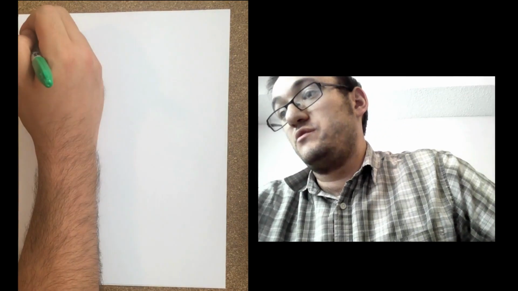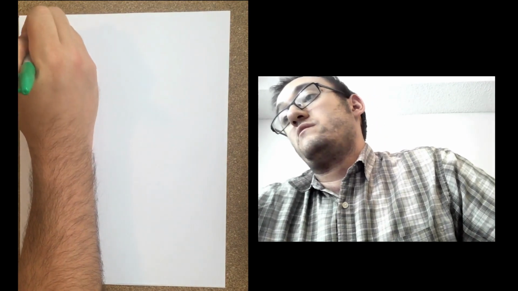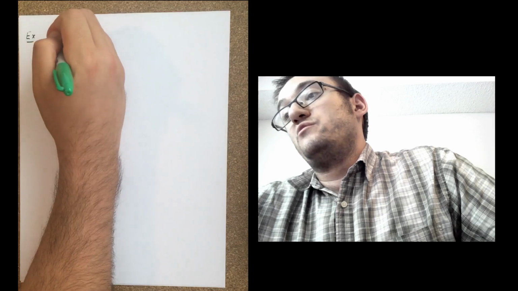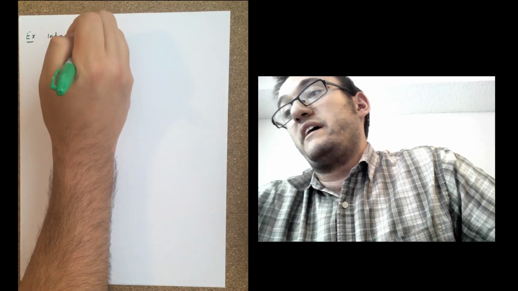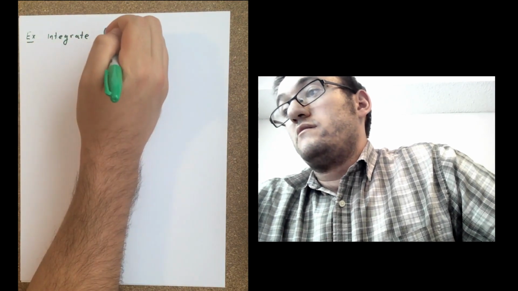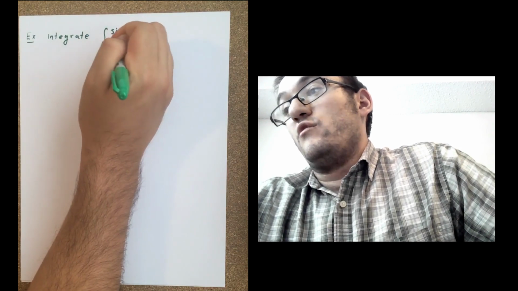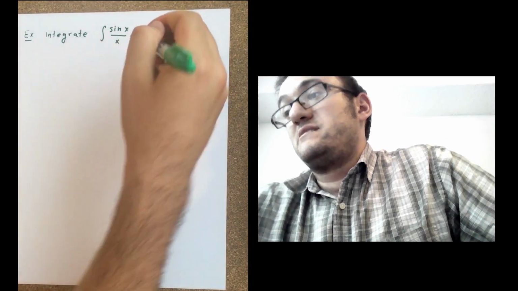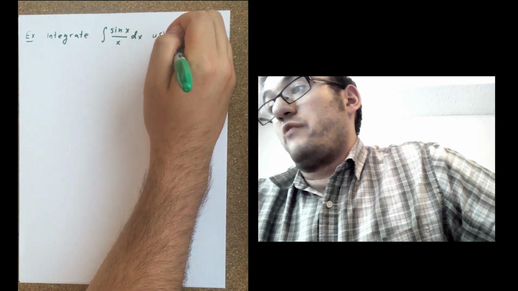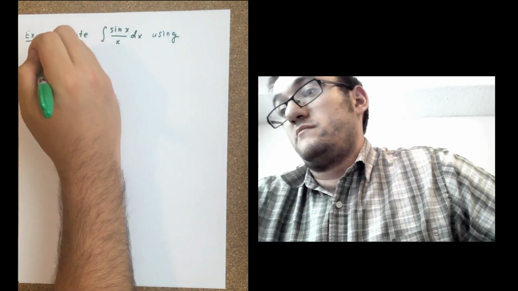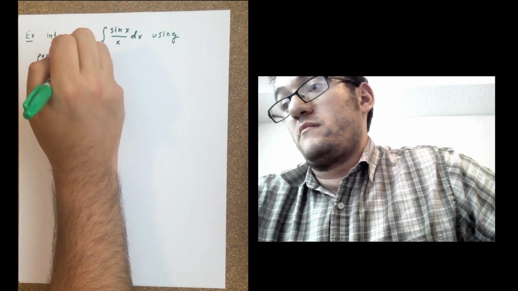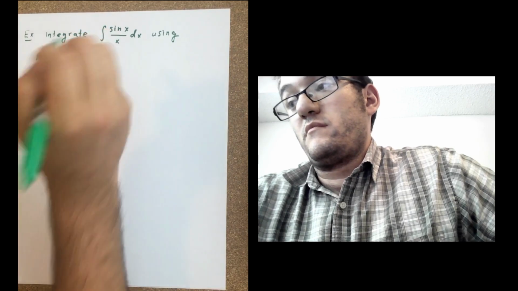Okay, another way that this is helpful is if you want to find a power series expression for an integral. So let's do the following problem. Integrate sine x over x dx using power series. Okay?